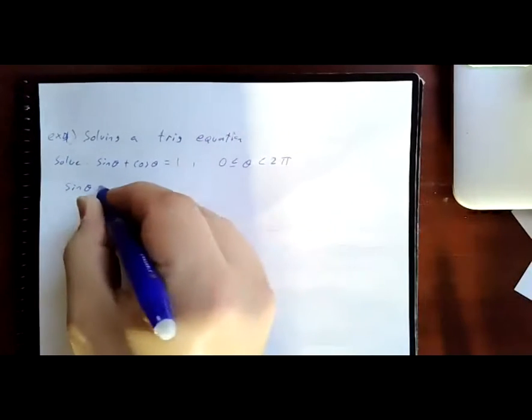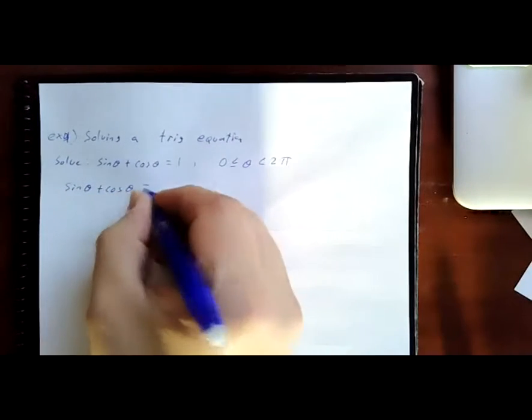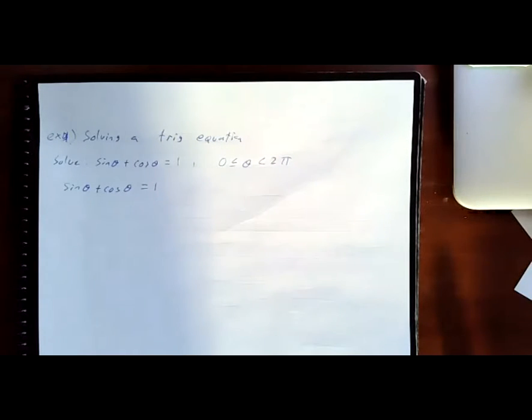So there's a few ways you could try this out. Let's see here. So the techniques that we've been using, usually we try to factor if we can. We try to create fractions if possible.